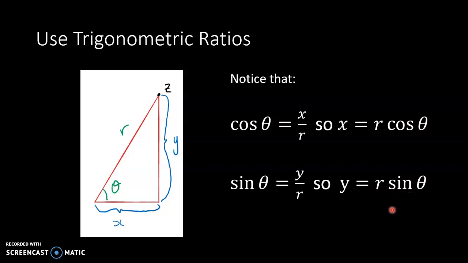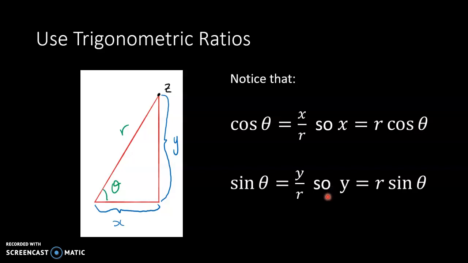This is really, really important. So I've written x as a function of r and theta, and y as a function of r and theta, which is kind of cool.